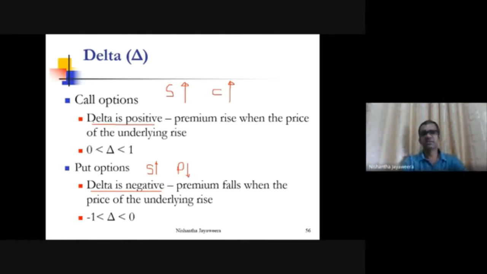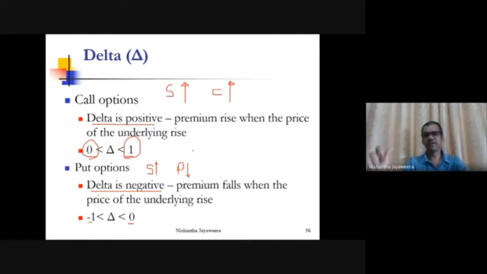For call options, delta is between 0 and 1. For put options, it is -1 to 0. 0 means when the spot price changes, there's no change in the call premium. Why? Can you think why? One means the price of the underlying asset changed by $1, and the call option changes by $1. Why?